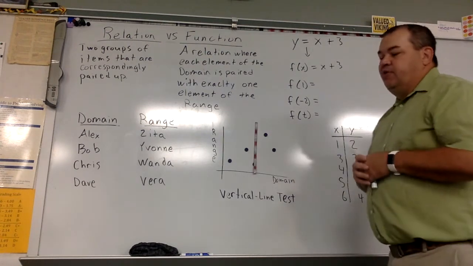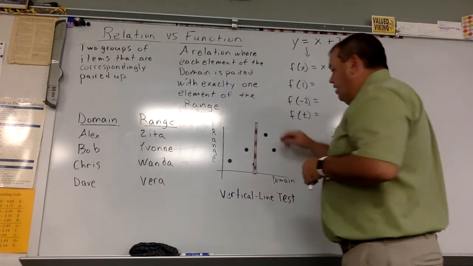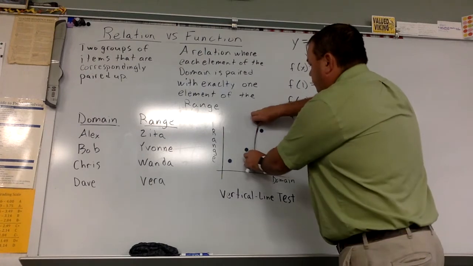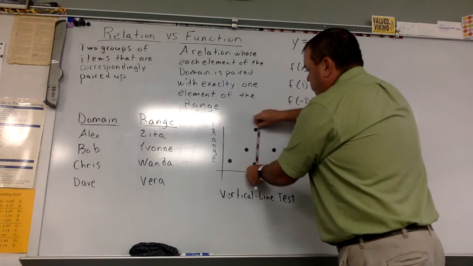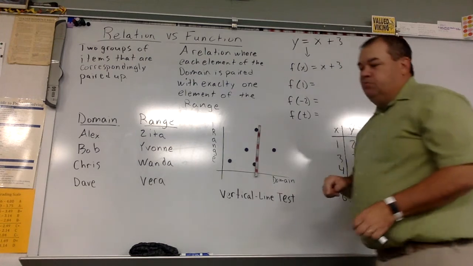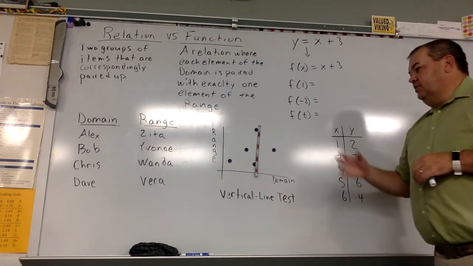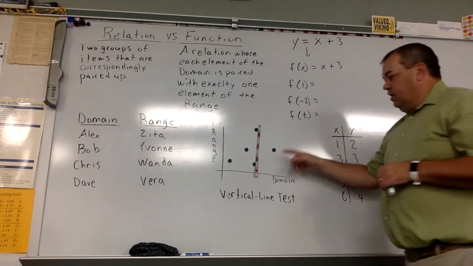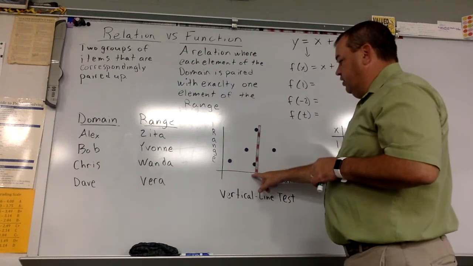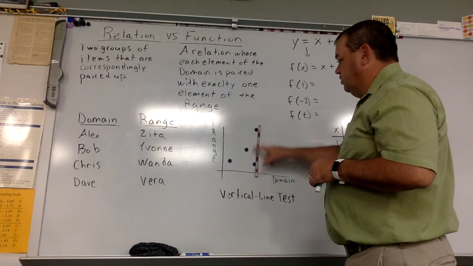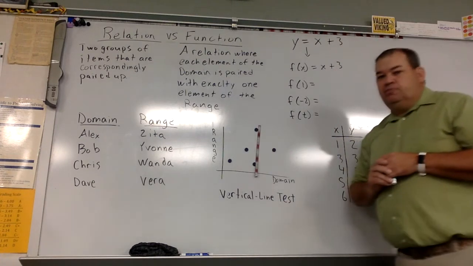This is now a function. If at some point I have this vertical line and it goes through two points, it hits more than one point, it fails the vertical line test, and this is not a function because this number here, whatever it is, is paired with two numbers in the range.